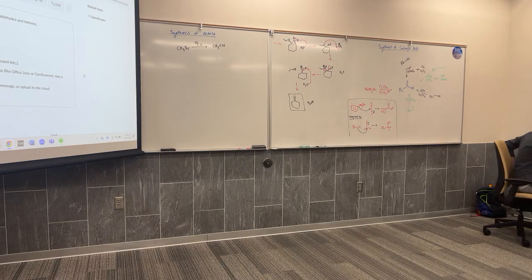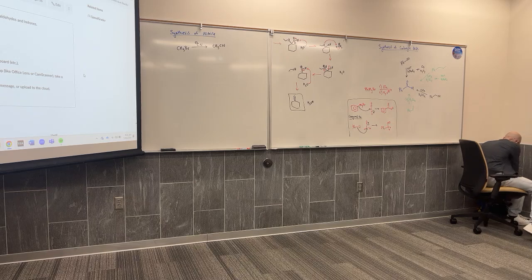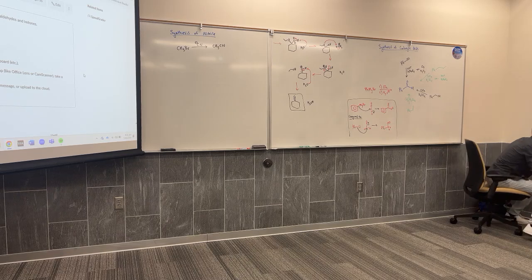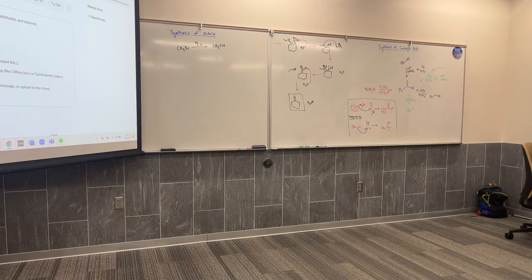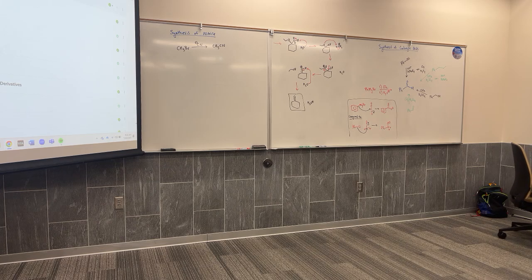What I have for us next, I'm actually going to show on the screen as well, because I think if I give you an idea of what it will look like, it might help you format it in your notes better than just going off what I put on the board.